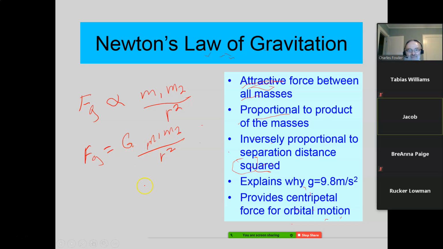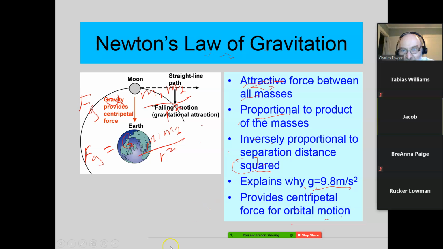Now, they say here it explains why the acceleration due to gravity on the surface of the Earth is 9.8 meters per second squared. Let's see if we can figure that out, but let's do a little bit more work before we come back and do that.